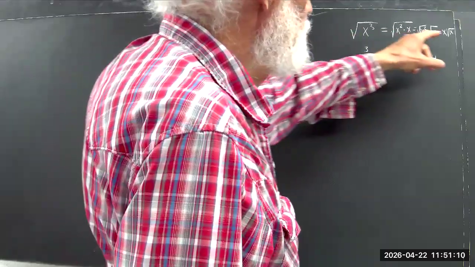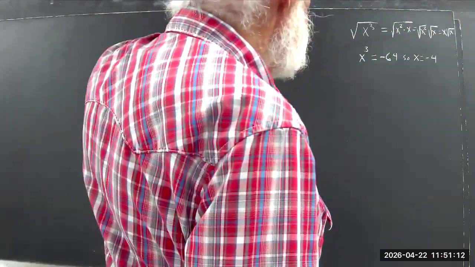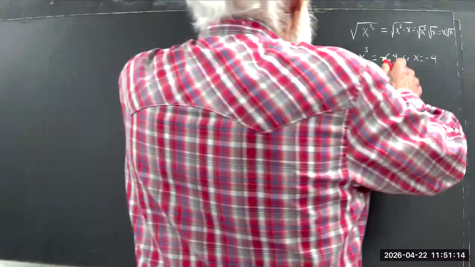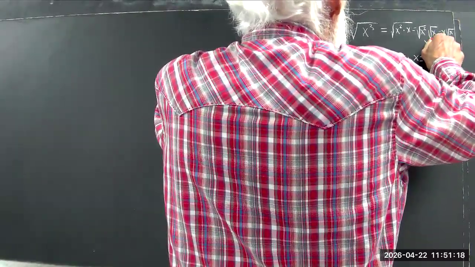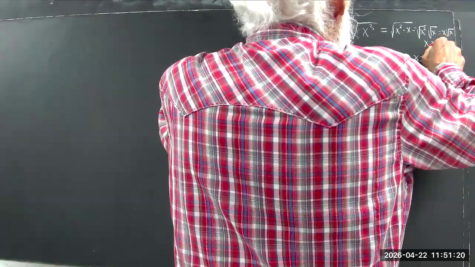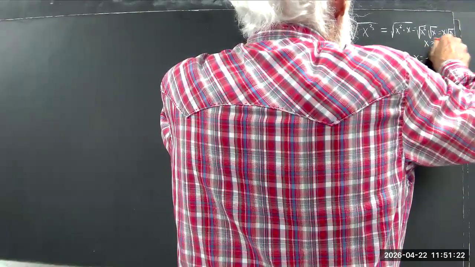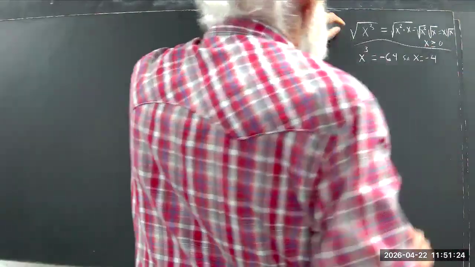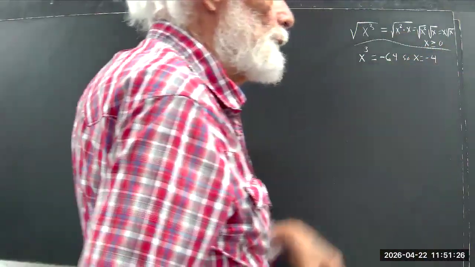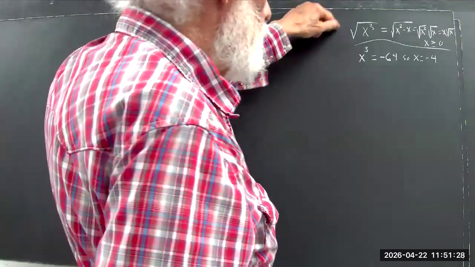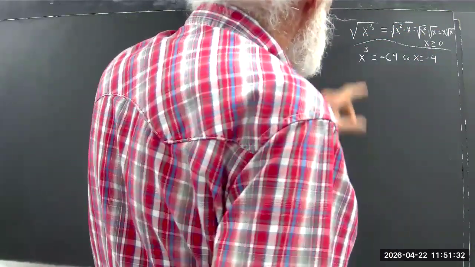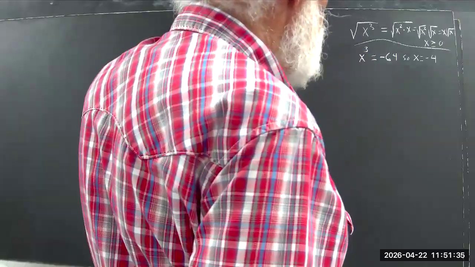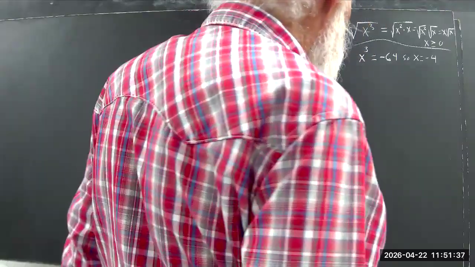So what we have to do in this case is we have to say this is only true if x is greater than or equal to 0. If x is negative, it doesn't work. Now x cubed equals negative 64, that works. Okay.